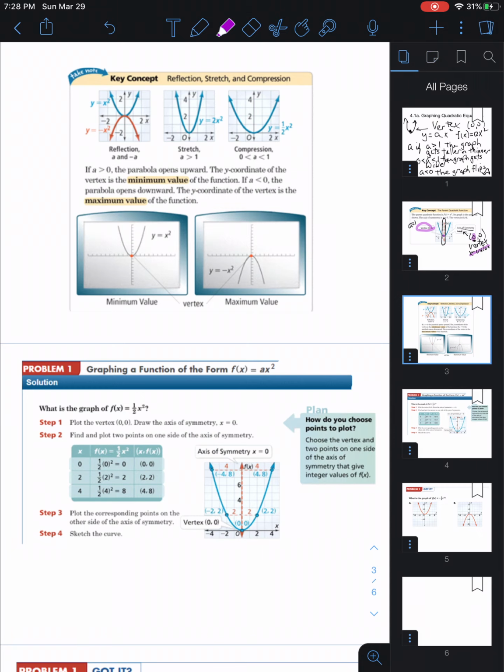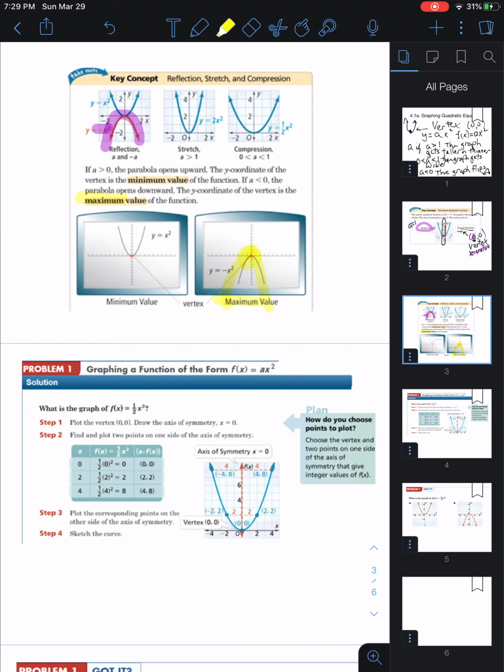Okay, we'll go to the third slide. And here is the reflection when a is negative, and you'll see it right there. a is negative 1 here, so the graph flips. It's going downward. Now we're going to take a look at a max and a min value. The maximum value is at this point right here, where the graph is all proceeding in the downward direction. So the very top point is the vertex.